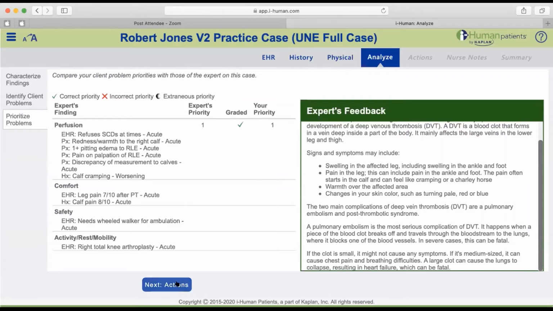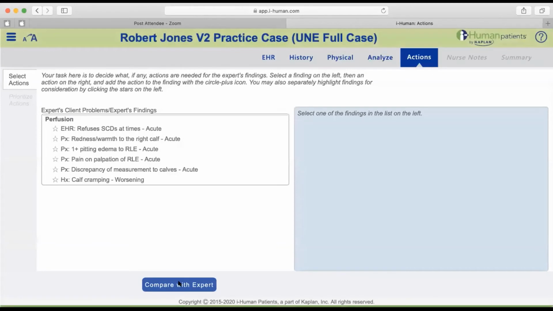We've prioritized our actions. Now let's look at how we build our plan of care. So here is the one prioritized category, concept, with the pertinent key findings underneath.